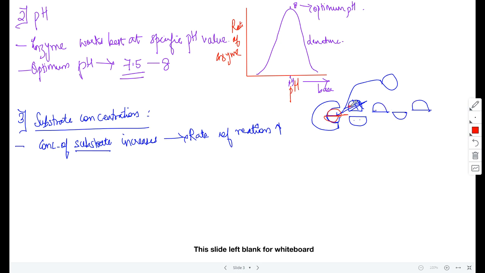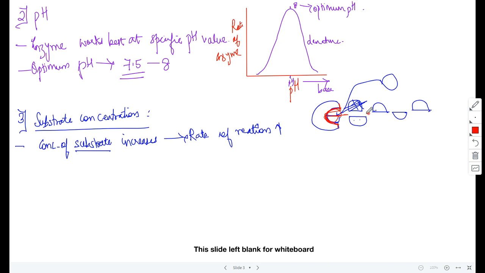There are still plenty of substrates available, so do you think they will come and forcefully enter this active site? No. Why? Because my enzyme has already accepted a substrate and has reached a saturation point, where it is like, okay, fine, I don't want any more.